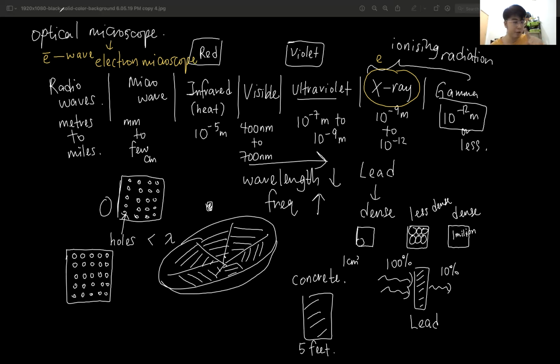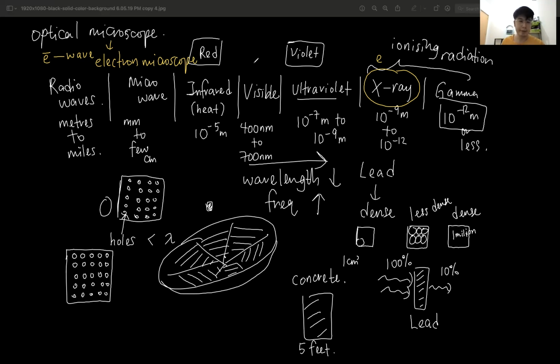Because with an optical microscope you cannot do that. The tiniest detail that you can see is all taken by electron microscope, because the wavelength is much, much smaller than the violet, the visible light spectrum.